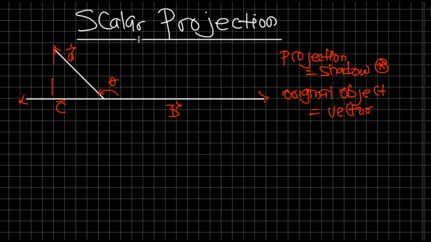So scalar projection is a way of finding the length of a shadow cast by an object.